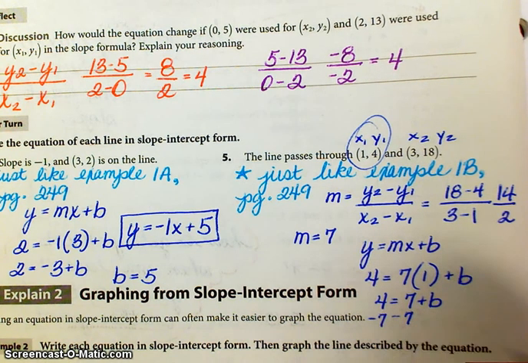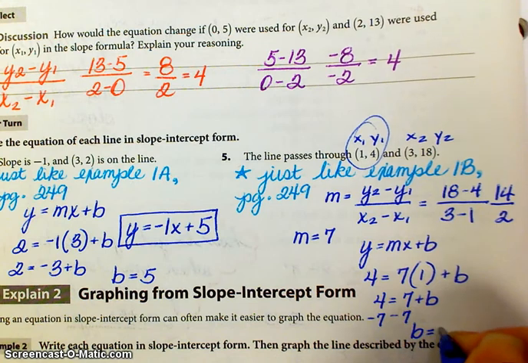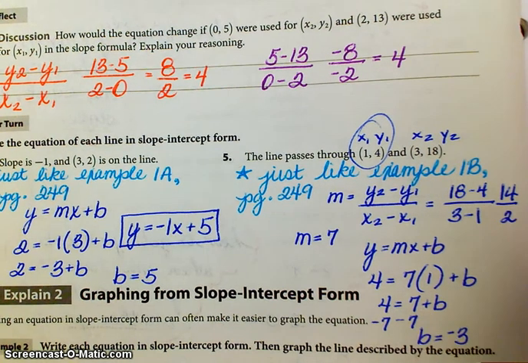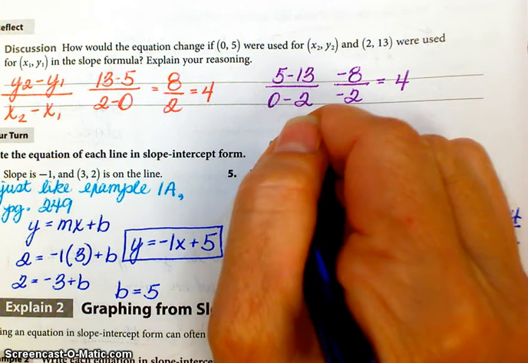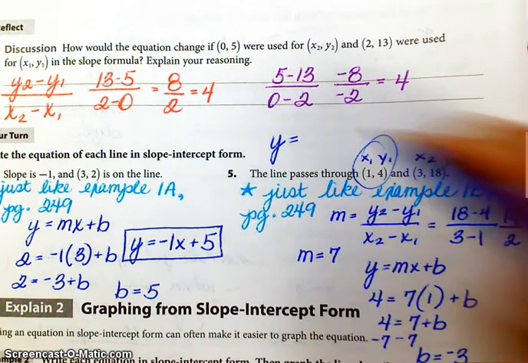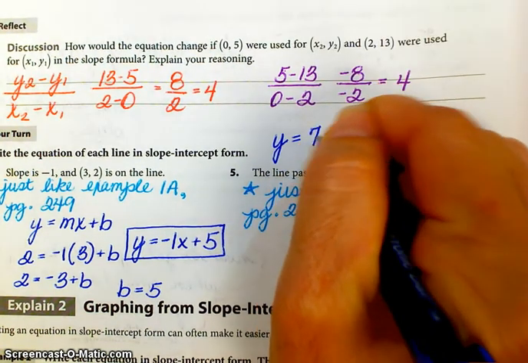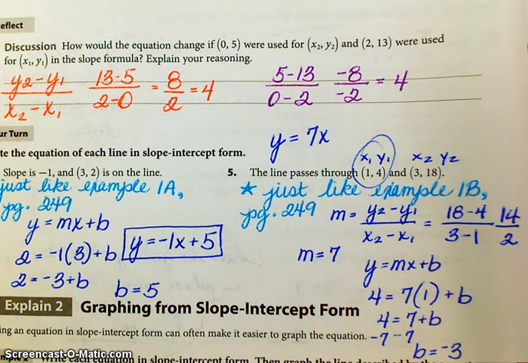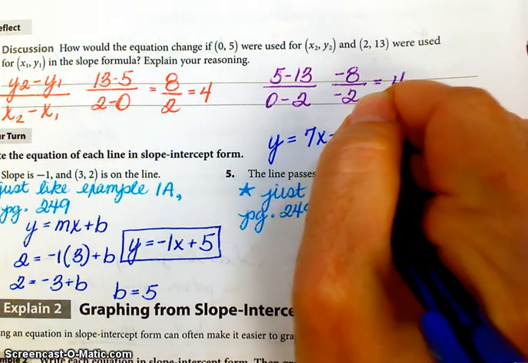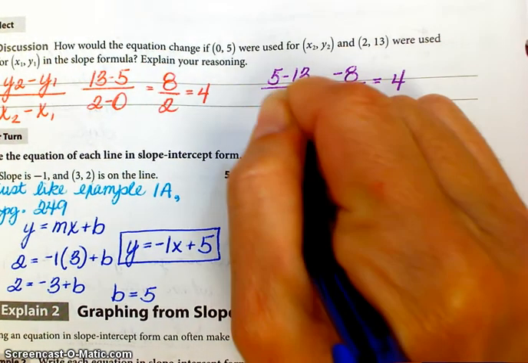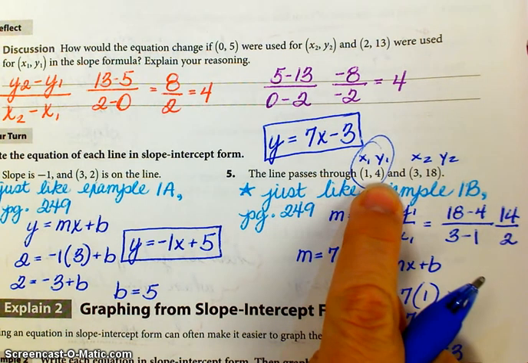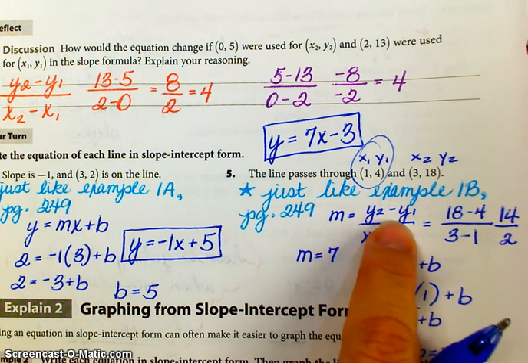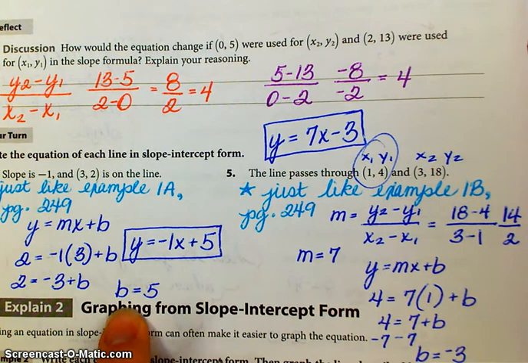Subtract 7. b is -3. Ooh, and I'm running out of room. I'm going to come back up here and write it. So y equals 7x, and then my b is -3. Okay, so this just requires one extra step. You have to find the slope, and then you go through the same set of steps as this one.